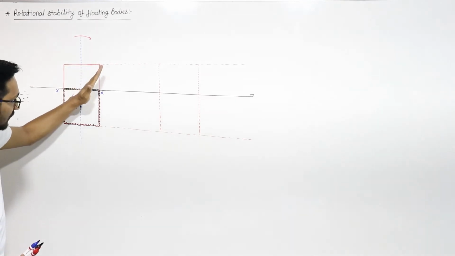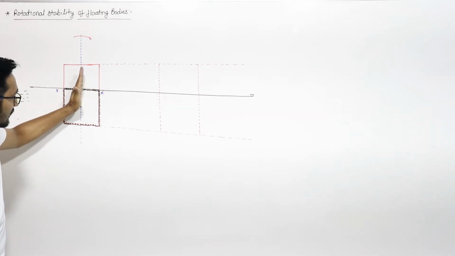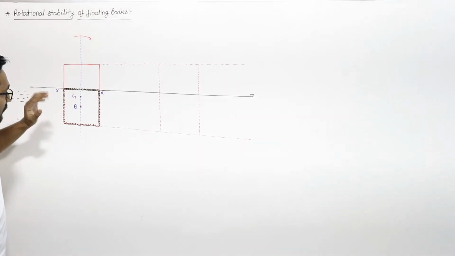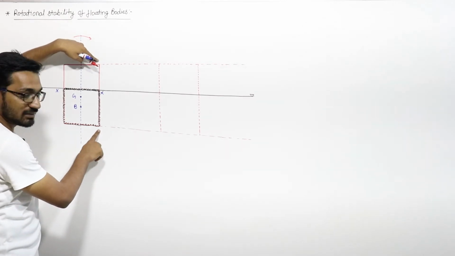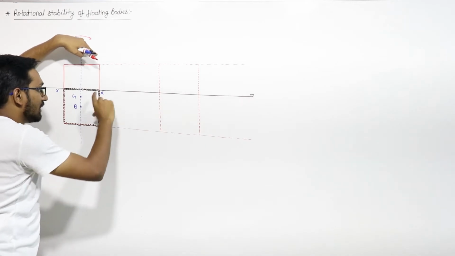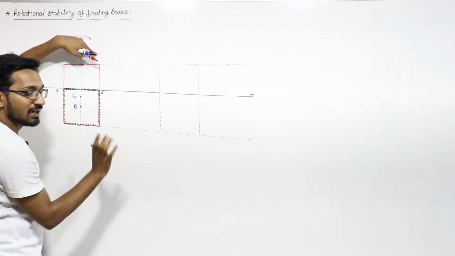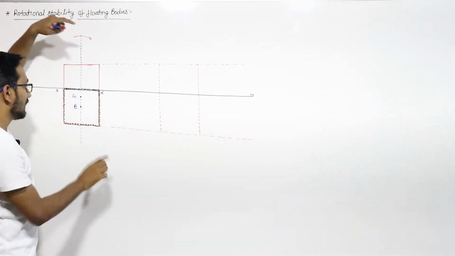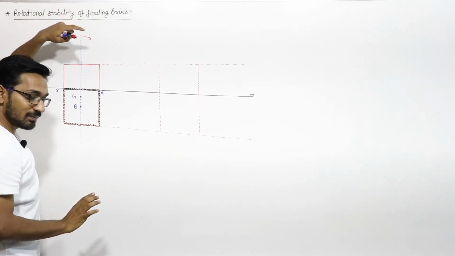If I tilt it in this direction, let us say this length is 10 meter. Pay attention, guys. 5 meter is below the liquid, 5 meter is above the liquid. I am assuming it. This is also 10 meter, 5 meter above, 5 meter below.